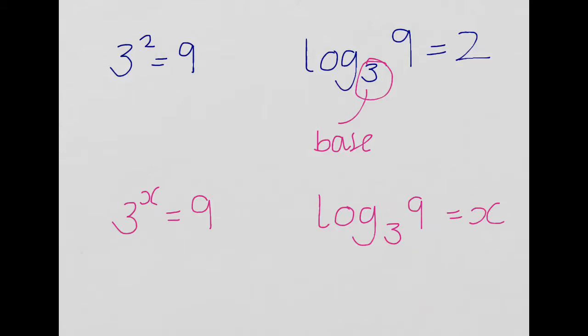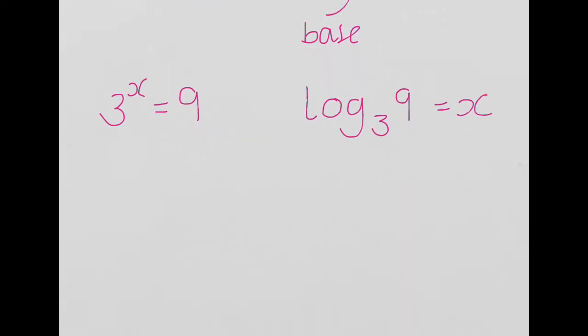Okay, so I'm going to do another one now, and I'm going to do one so you can use your calculator, and I'm just going to explain something about your calculator at the same time. So 10 to the power x equals 1000.